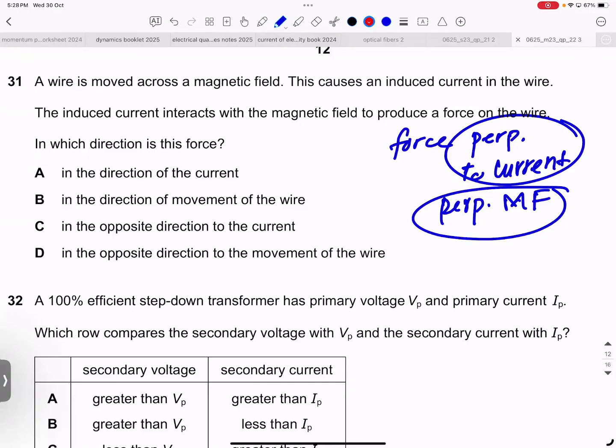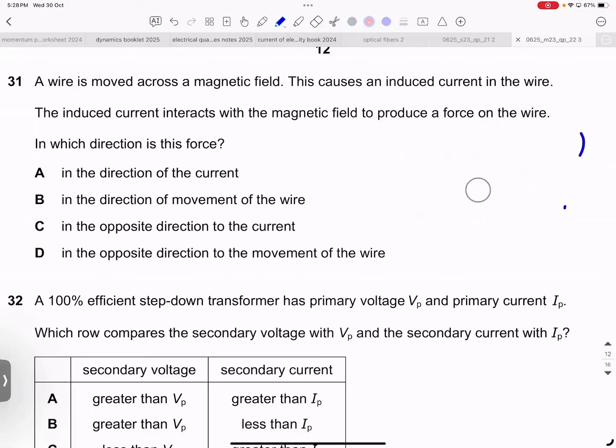So let's read. Induced current is this. In which direction? No, this is something else, my dear. This is actually Lenz's law. So this question is about Lenz's law. They say the induced current interacts with the magnetic field, so the induced current causes a force.